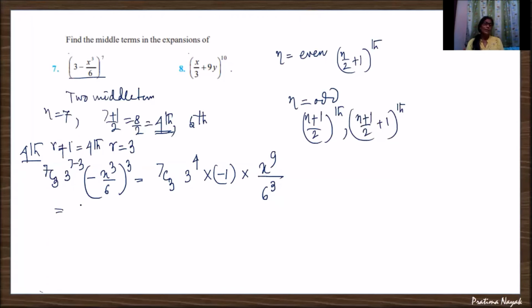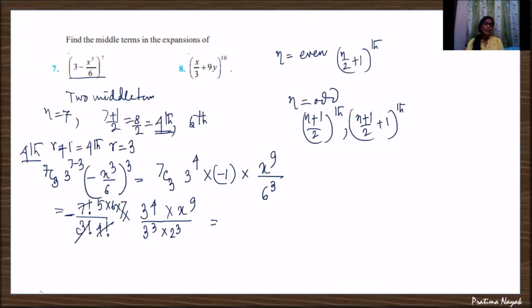Now simplify. 7 factorial by 3 factorial into 4 factorial, multiplied by 3 to the power 4 into minus 1, it will be minus. Then x to the power 9 will not be cancelled by anybody. It will be 3 to the power 3 multiplied by 2 to the power 3. Now simplify. 4 factorial, it will be 5 into 6 into 7.